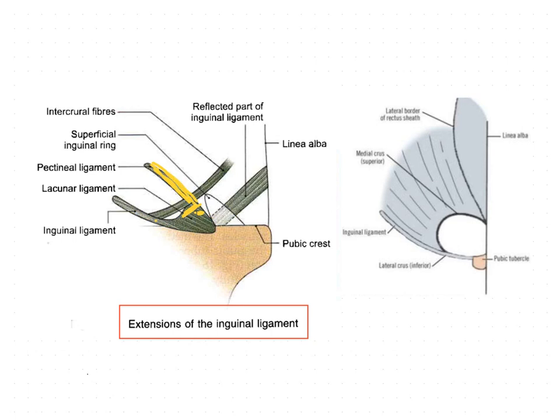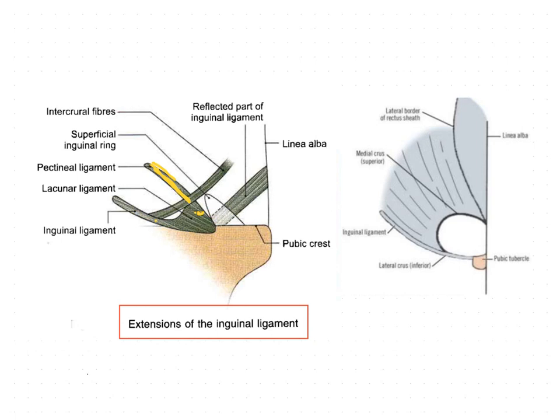So like this the pectineal ligament is formed and it is attached to the pecten pubis, and it may be regarded as a thickening in the upper part of the pectineal fascia.